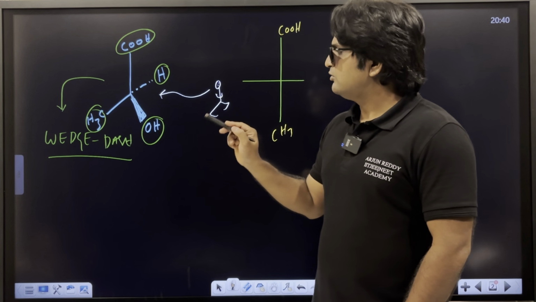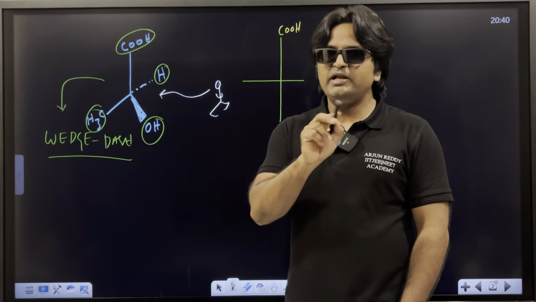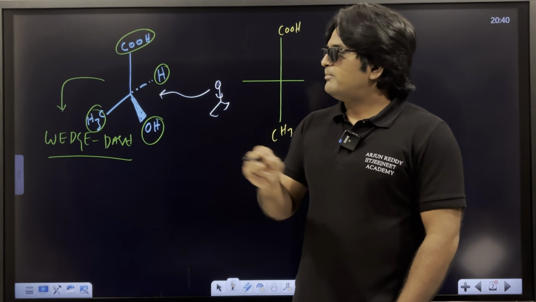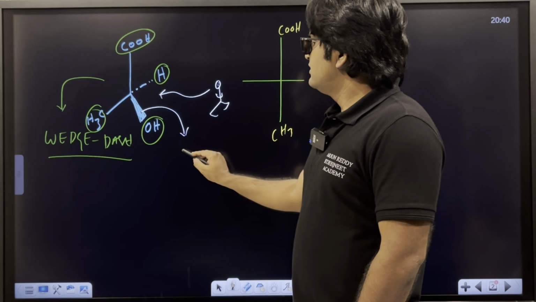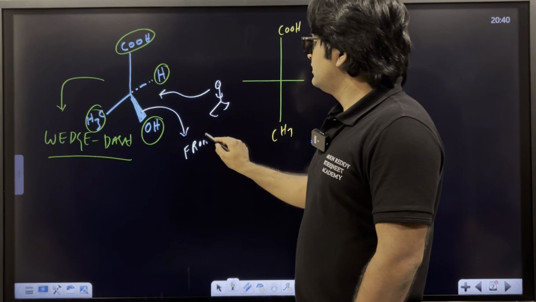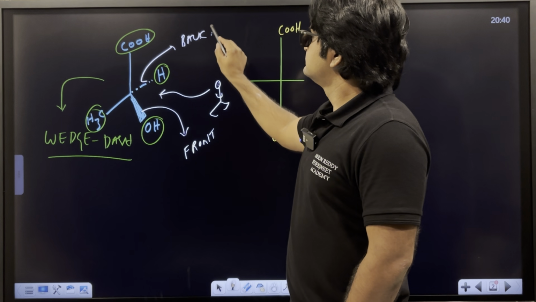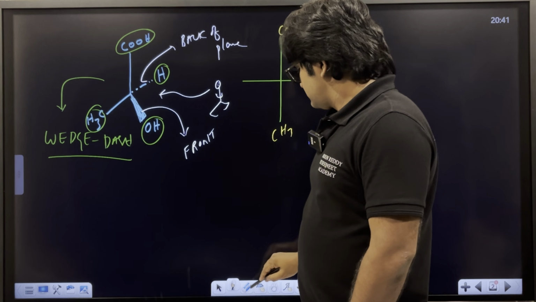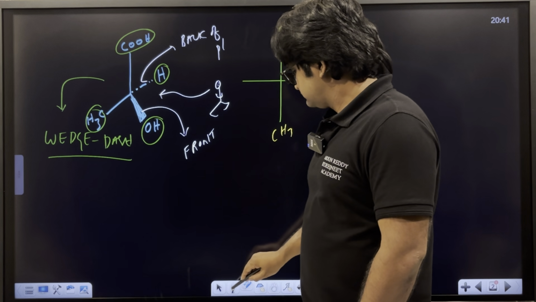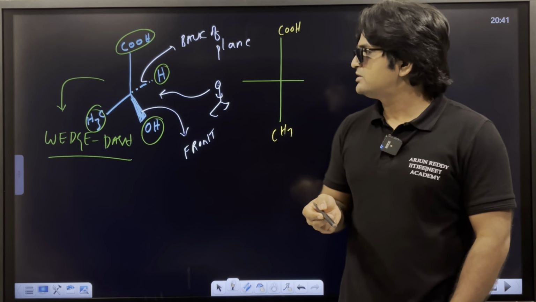According to this person, first of all, now this OH is front of plane or back of plane? My plane is vertical plane. Simply, here this OH is front of plane or back of plane? Front side, and this one back of plane. OH front of plane and hydrogen back of plane.